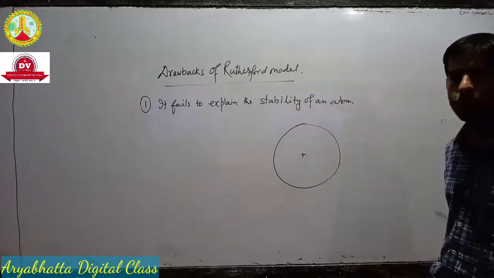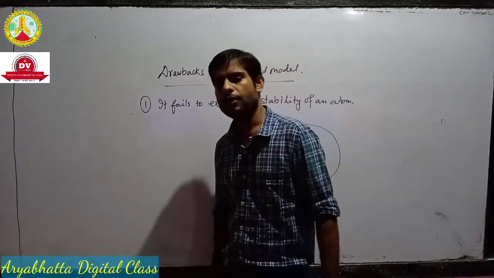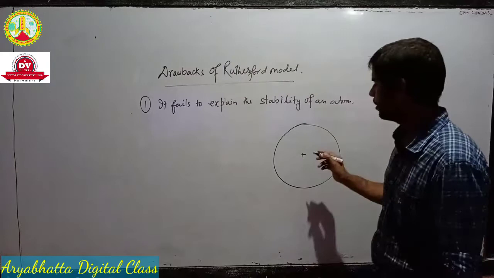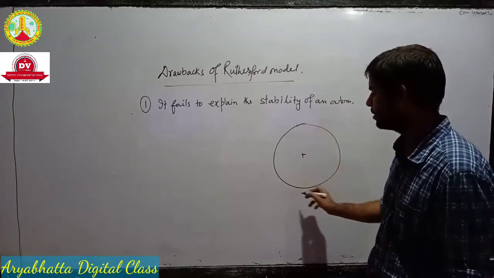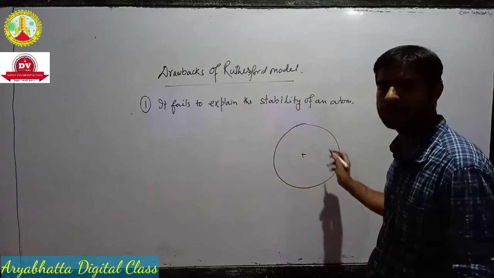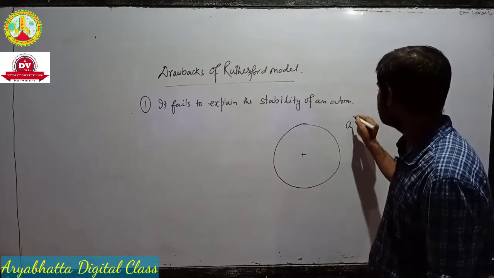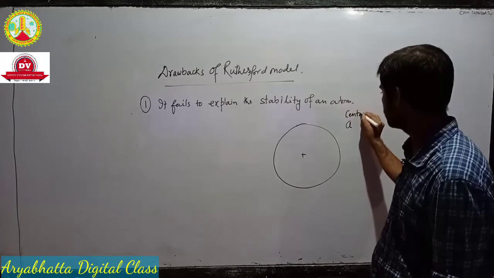So if you know basic principles of physics, then you will definitely know that when anything is moving under circular motion, there is always an acceleration called centripetal acceleration.